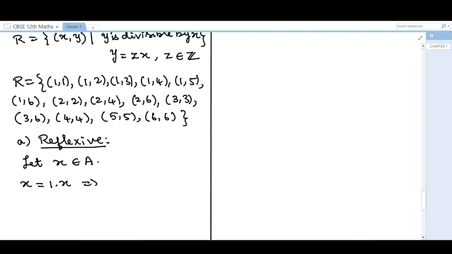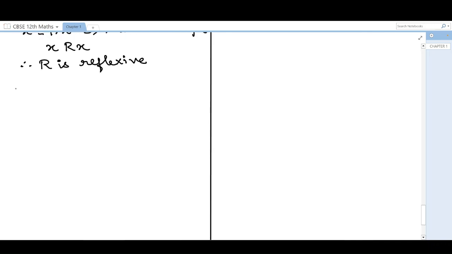So from this what we could conclude is X is divisible by X. Thus X is related to itself. So what we could conclude is R is reflexive.